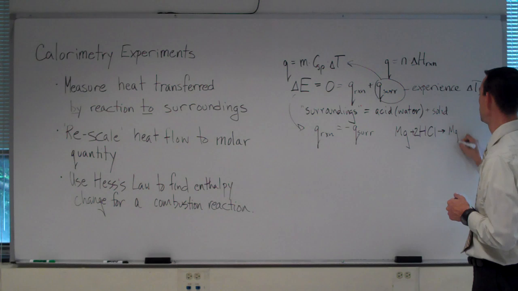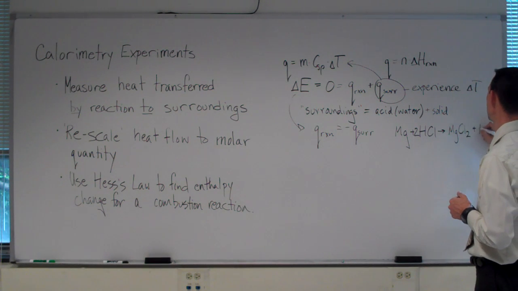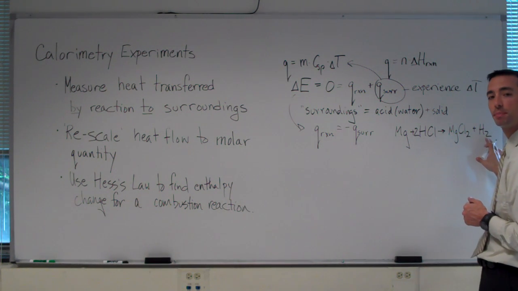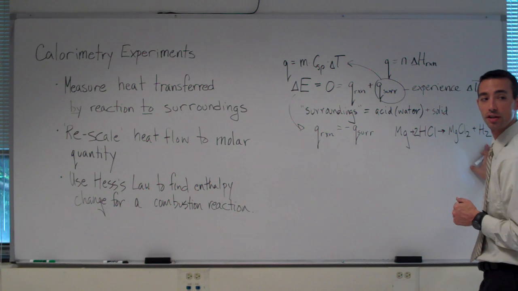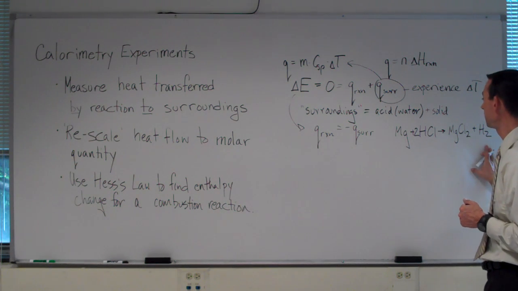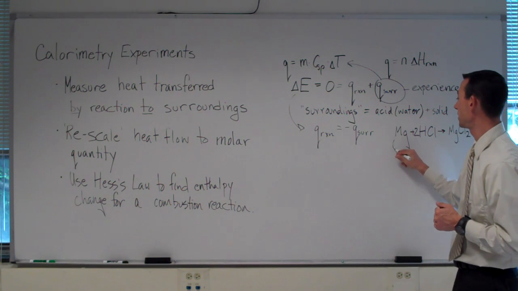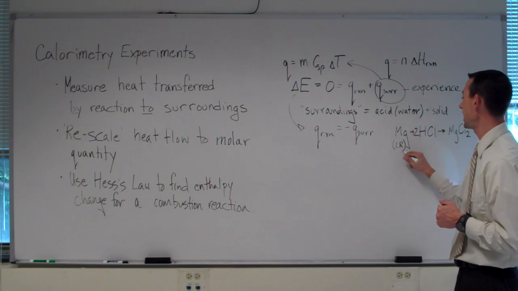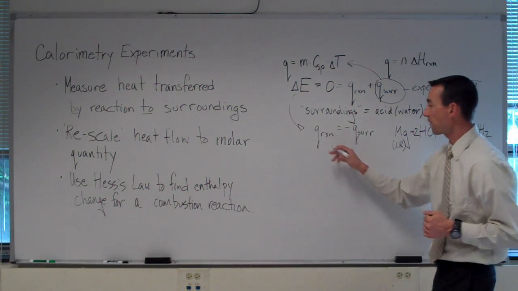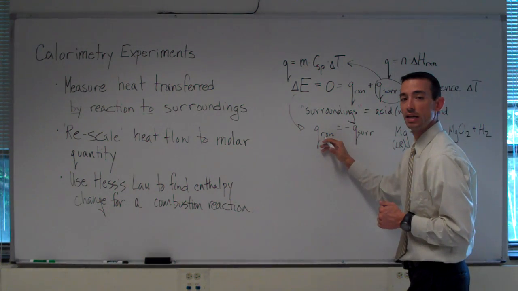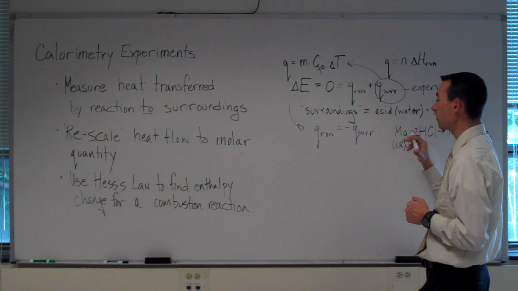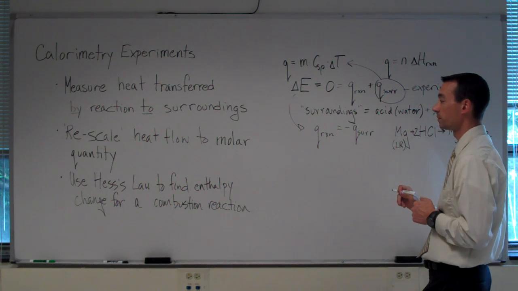This will produce MgCl2 and some hydrogen gas, which you'll see bubble out of your solution, out of your calorimeter. Okay? We are going to set the system up so that the magnesium is the limiting reactant. Therefore, this amount of heat is associated with the amount of magnesium that we use.